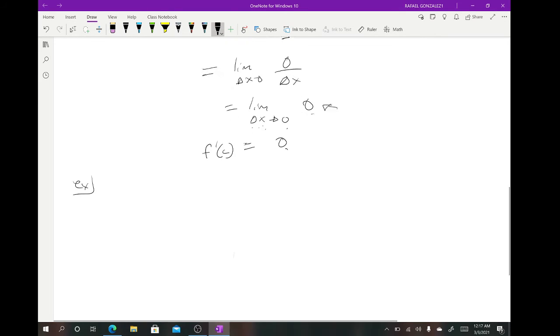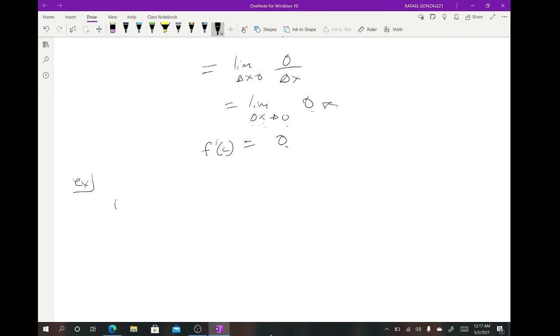So let's do a couple of examples. Let's say number 1, you get y equals 7. Well, if y equals 7, then the derivative of y is going to be equal to 0. Why? Because 7 is a constant. 7 is a number. What if you're given f of x equals 0?